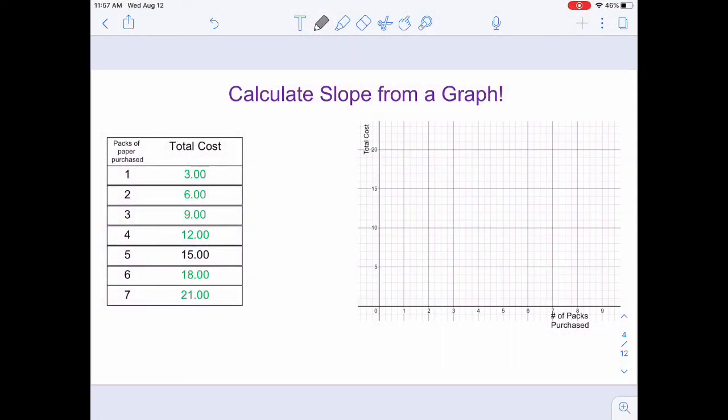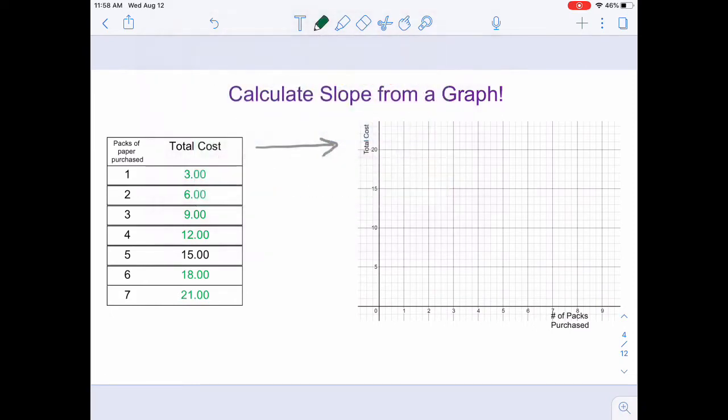Now let's take a look at a second way to solve our original problem. Here we're given a table. We're going to convert it to a graph and then use the graph to find our average rate of change, or slope. So our first step is we're going to plot all of our points.